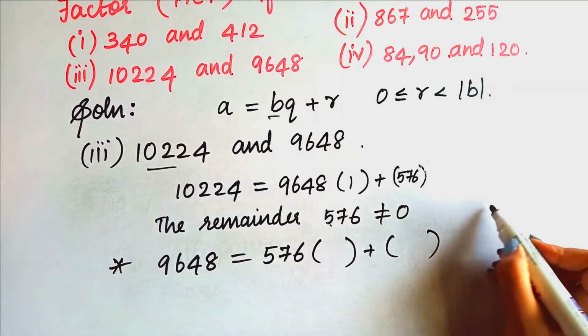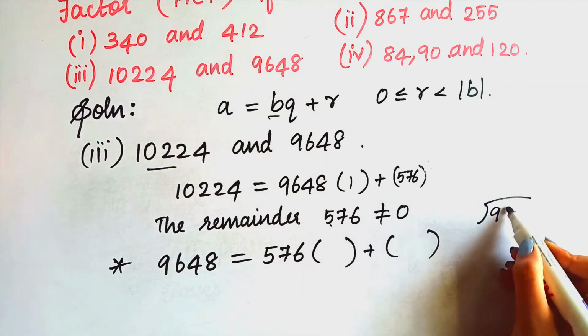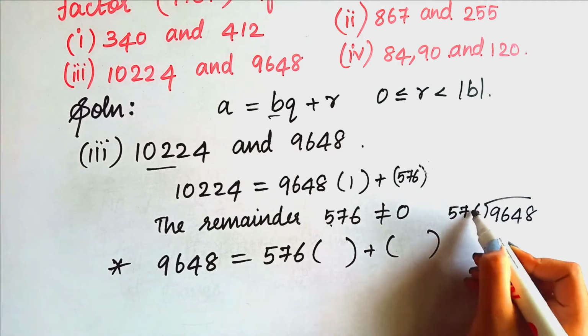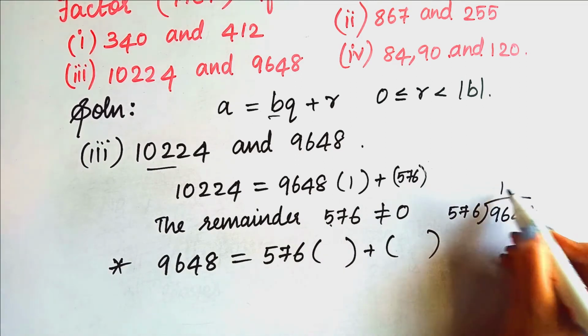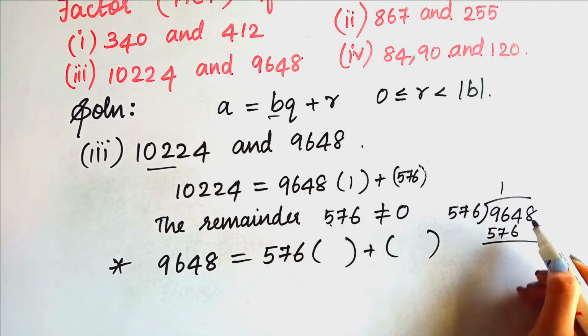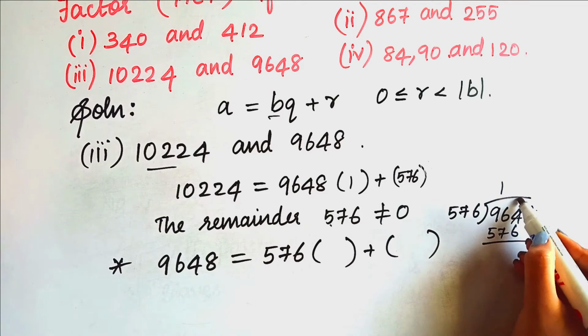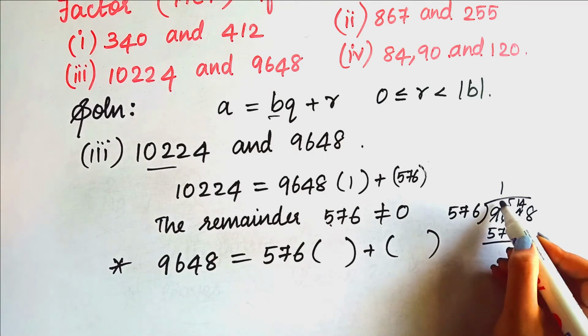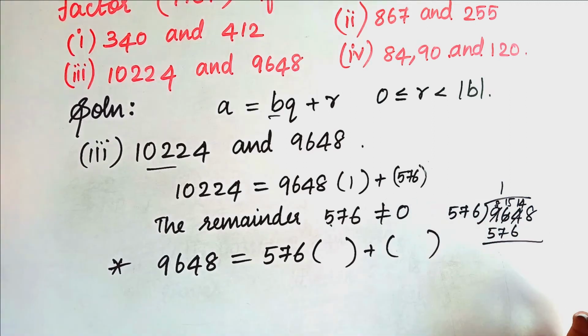And now here we have to put 9648 inside and 576 outside, and now let's substitute 1. So 576 once we'll get 576, right? Now let's subtract. 4 will become 14 and 6 will become 5, and then again we'll get 9 will become 8 and 5 will become 15.